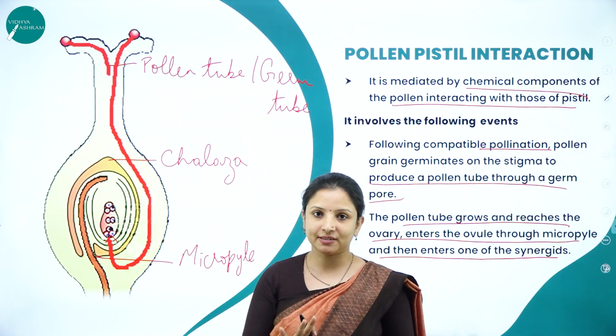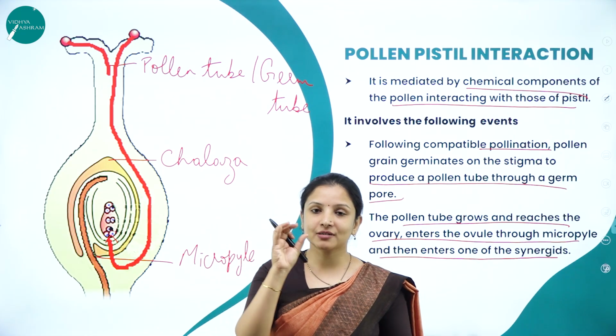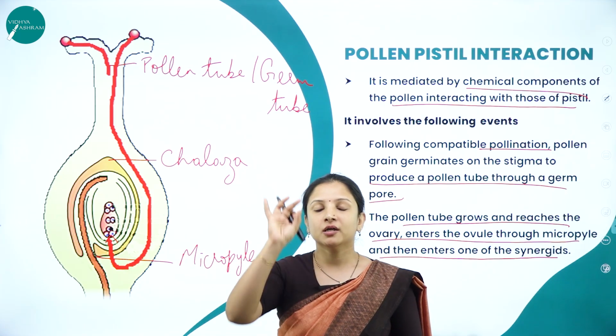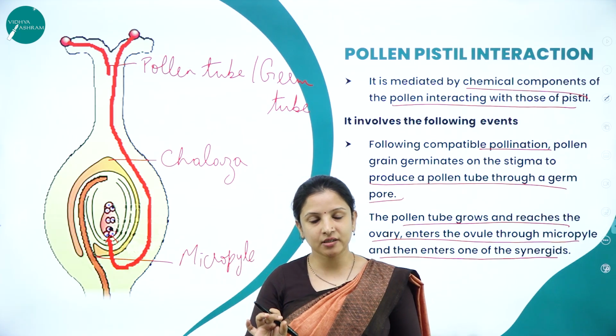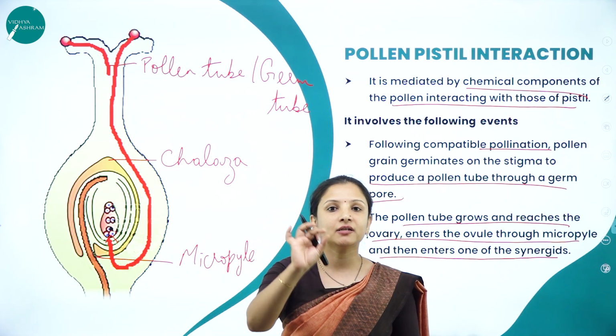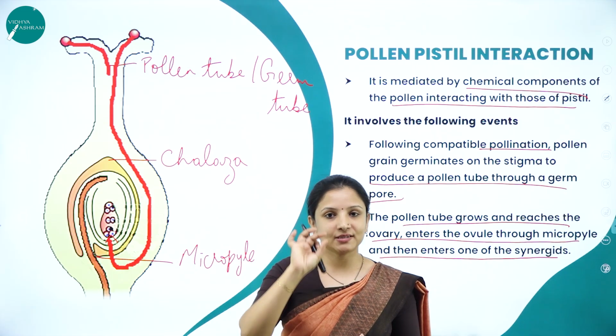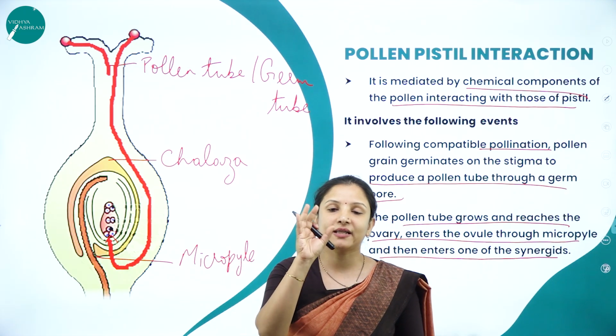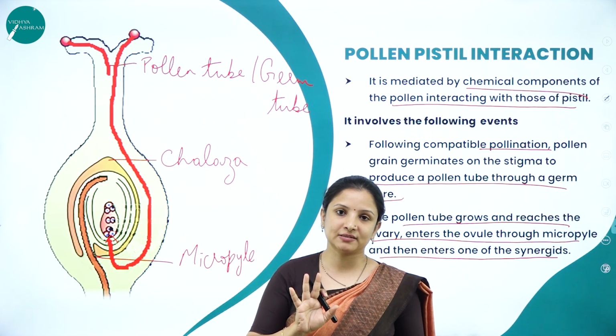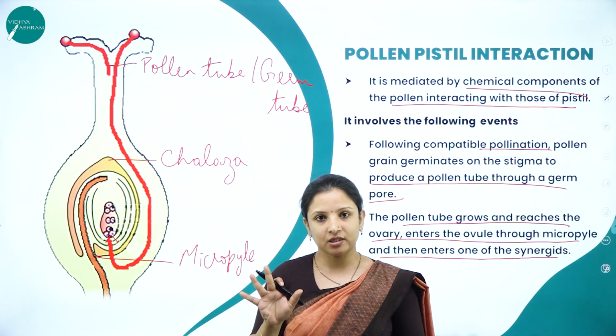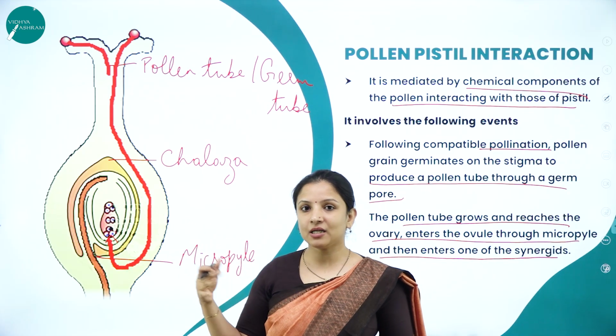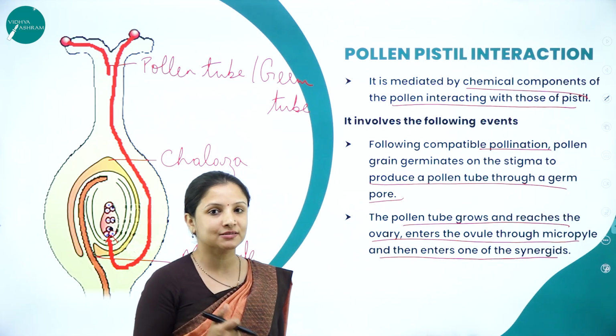Compatibility is there, so the pollen grain has produced the germ tube. The germ tube has increased its length and entered into the micropyle. Once it has entered the micropyle, it delivers the male gametes present in it to the synergids. Next, what happens? We'll study post-fertilization events in the next session.